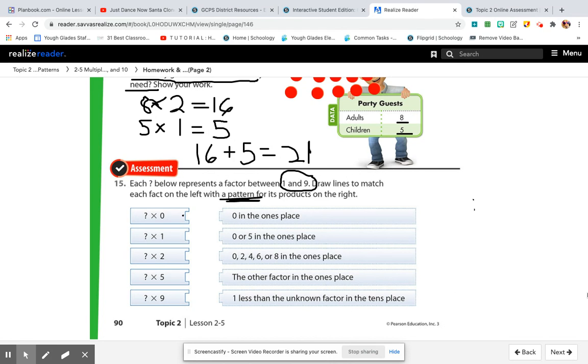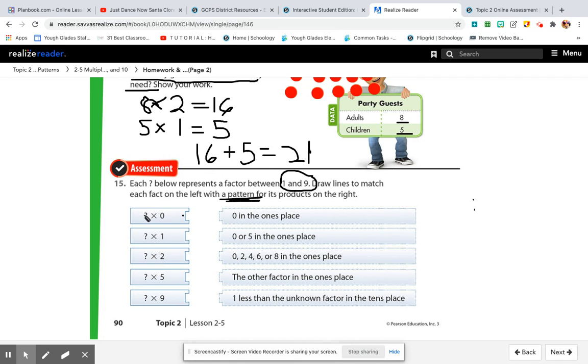This whole problem is testing to see if you know the patterns of all of these factors here. They're letting you know that it does not matter what the unknown is. It really doesn't. As long as you know the patterns for these factors, you will be able to match up these questions or these definitions of the patterns to the appropriate example.